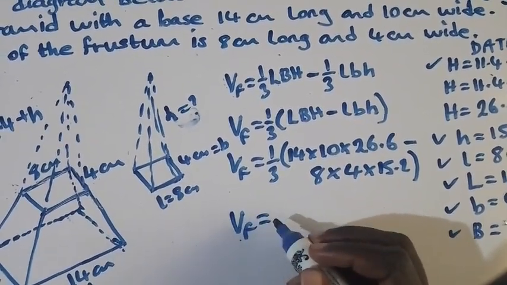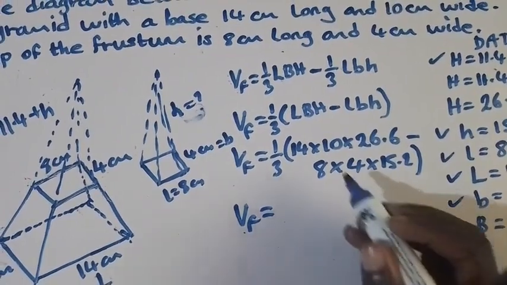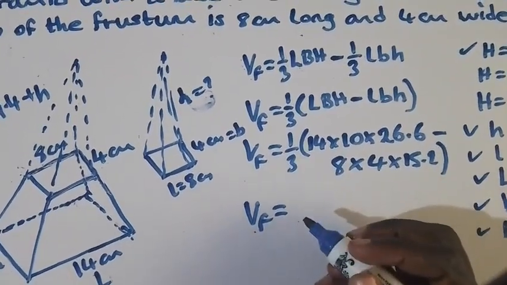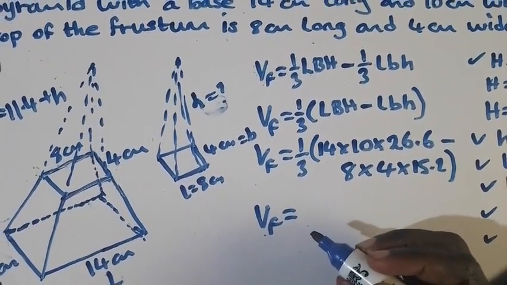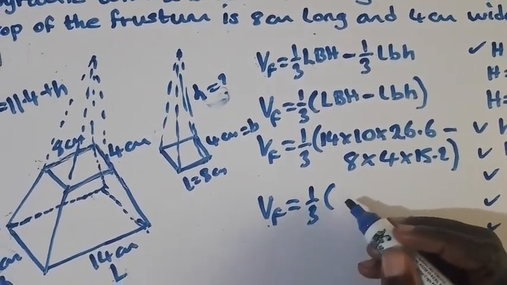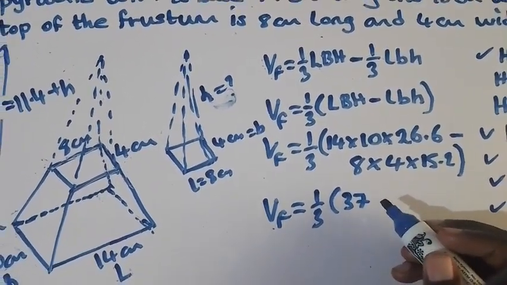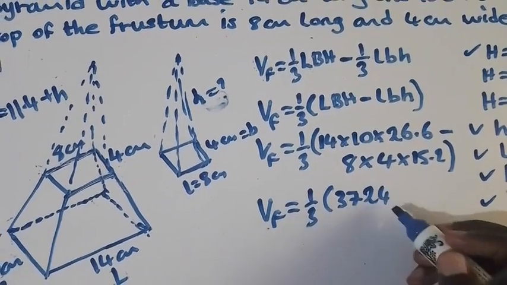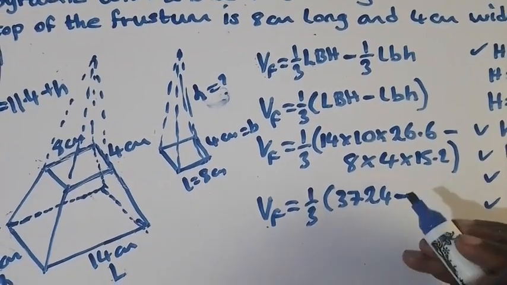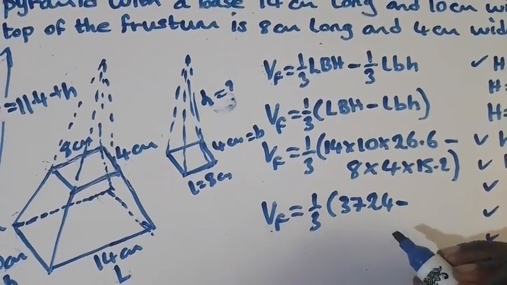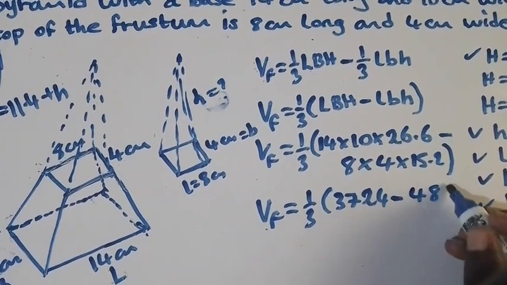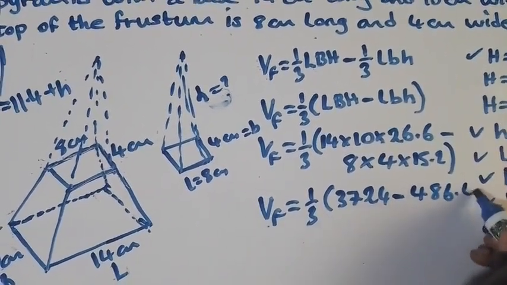So if you punch on your calculator 14 times 10 times 26.6, your answer will be 3,724, minus 8 times 4 times 15.2, which is equal to 486.4.